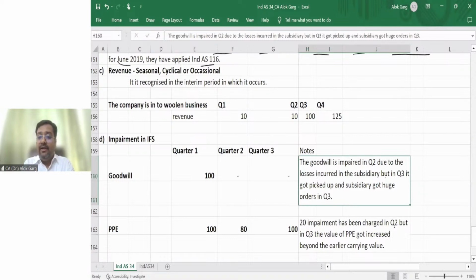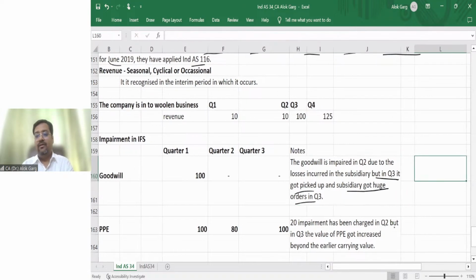On 30th September 22, the goodwill got impaired because there are huge losses in the subsidiary. But in quarter 3, the subsidiary got huge orders, and now the subsidiary will earn windfall profit.